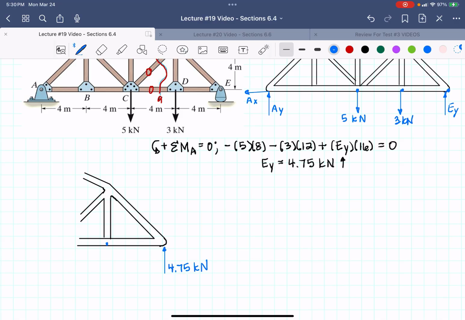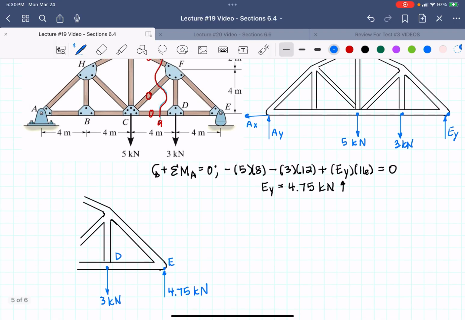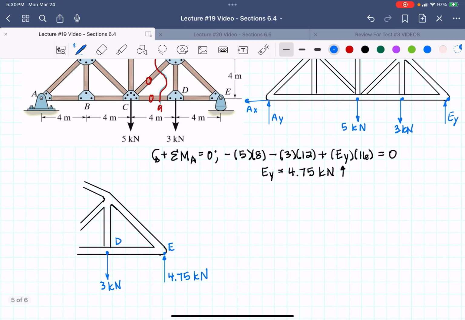I've also got a force here, I'm going to label that E. I've got a force here at D of 3 kilonewtons. And then I've got these 3 unknown forces.